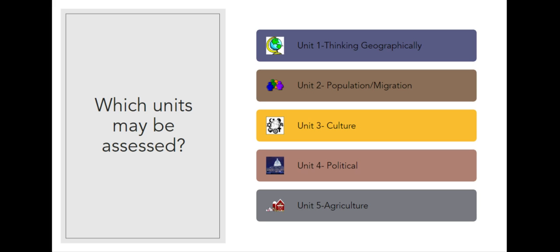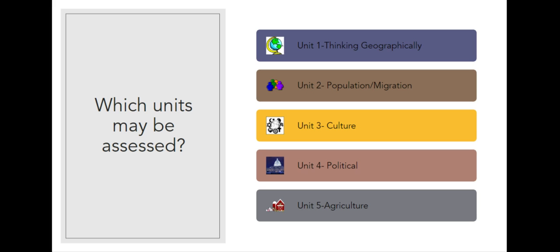As far as the units that may be assessed, it's units 1 through 5. So this gives you a little bit of reminder of what those units are. So you want to prioritize and think about which one of these units is my strongest, what's my weakest, and make sure that you review accordingly.